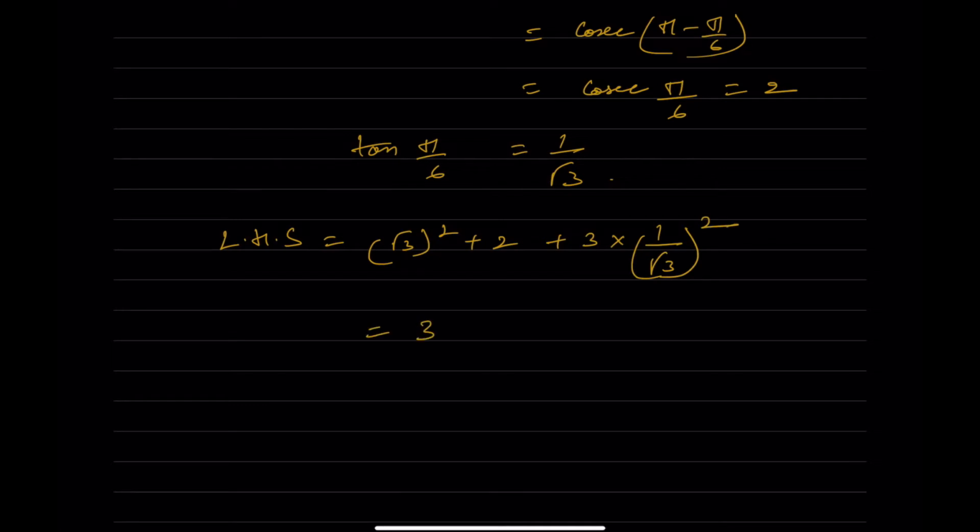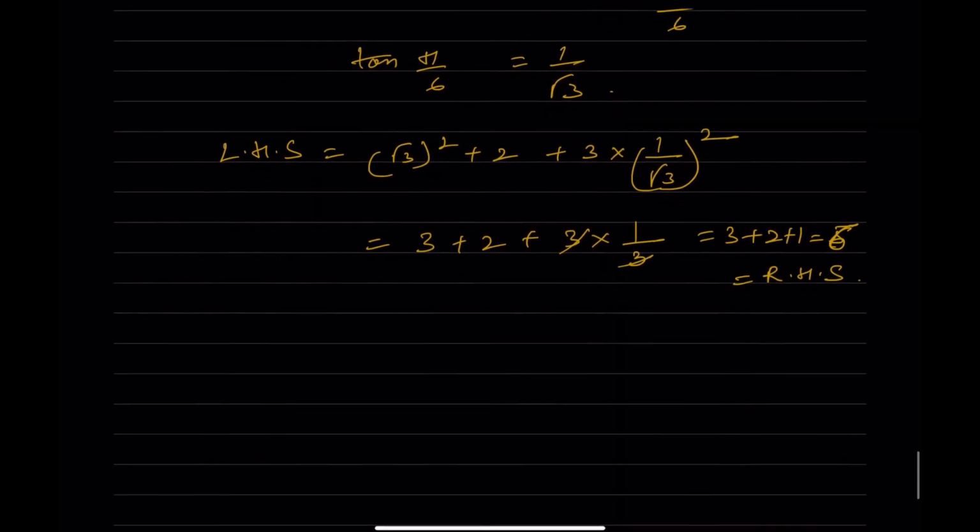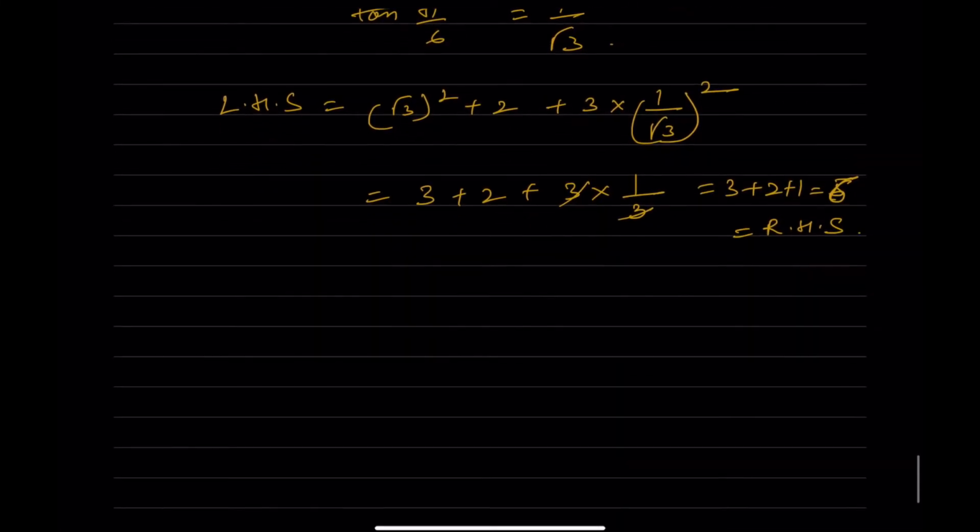So now here this is 3 plus 2 plus that 3 will get cancelled over there. So it is equal to 6. You are getting the answer, which is equal to RHS. Hence proved. Since the LHS is equal to RHS, hence it is proved.